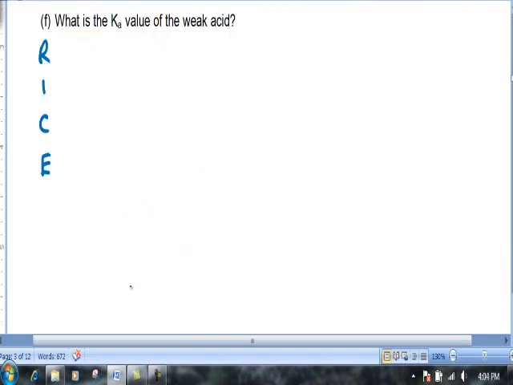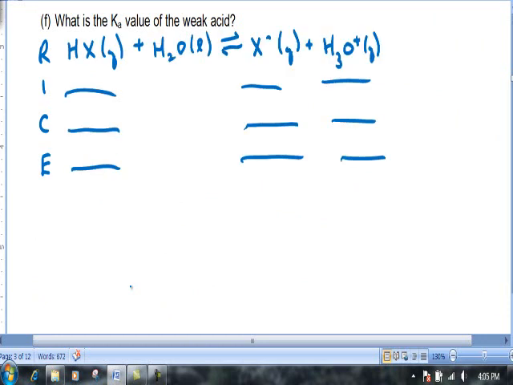The next question, to get the Ka value for our weak acid, we'll need to utilize the RICE strategy. What we now know from our previous two problems, the initial concentration of the weak acid solution is 0.068 molar. And we also know that the hydronium concentration is 2.00 times 10 to the negative third molar.